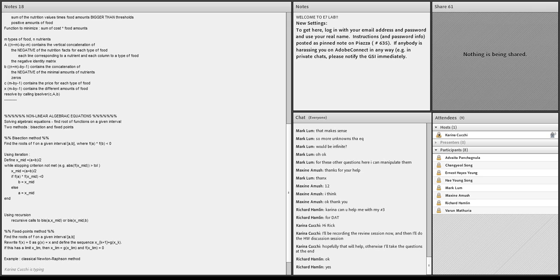So when you are in the case where the derivative of f at location x lim is equal to 0, it is better to use the modified Newton-Raphson method.